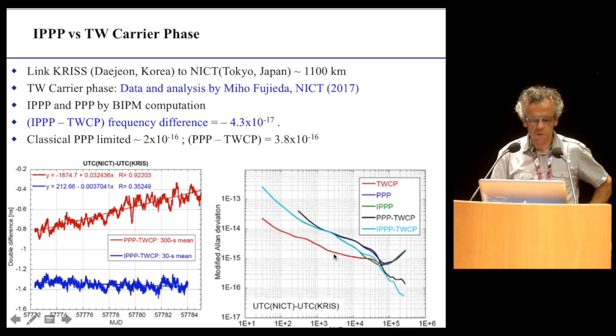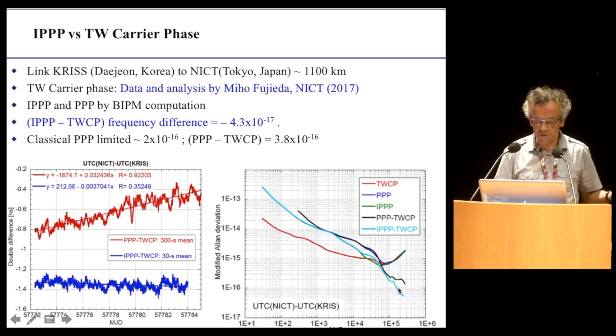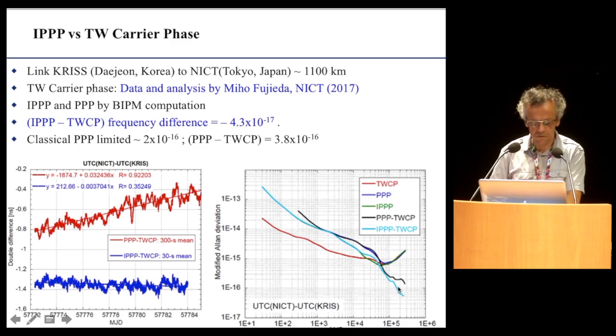We compared the two-way carrier phase and IPPP over a 1,000 kilometer baseline between Korea and Japan. Again, the IPPP is better compared to two-way carrier phase than the classical PPP. But at this point, we know that the short term in the two-way carrier phase is better. And the comparison, which is in light blue here, goes down to the 10⁻¹⁶ level in 2 days for this case. So it's quite a good result.